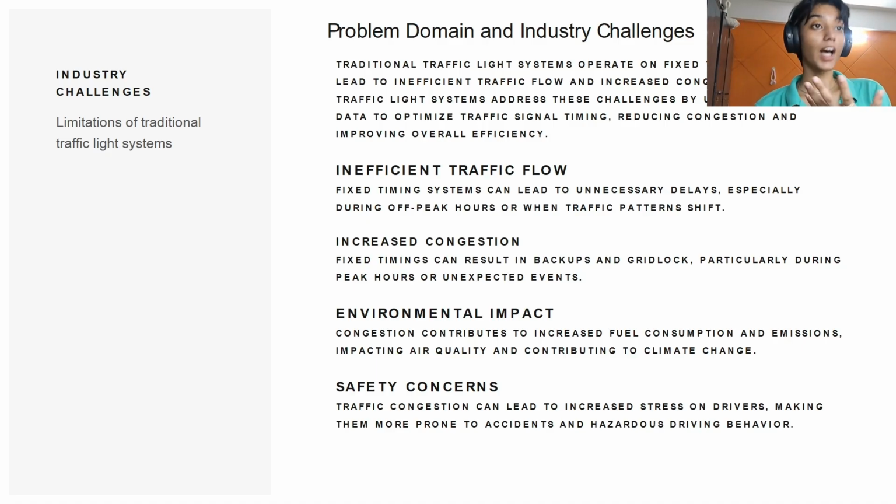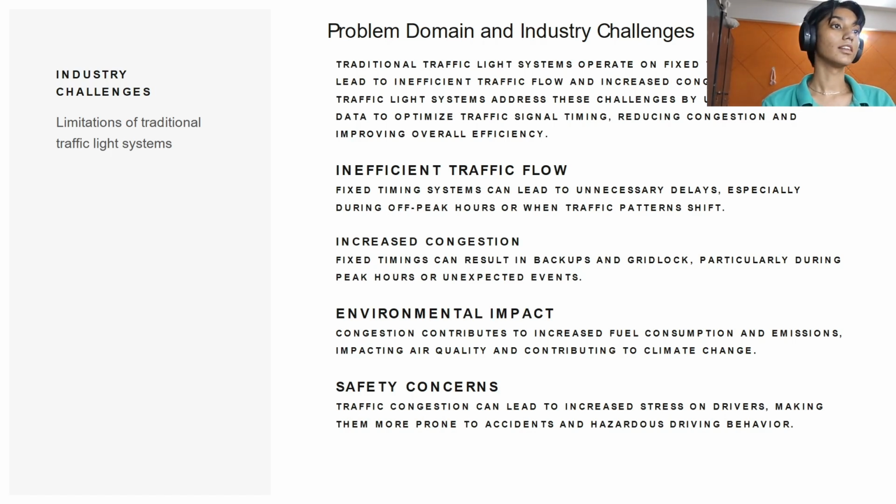Now I already talked about the problem domain and the industrial challenges. I would like to read it. The traditional traffic light system operates on fixed timing, as we talked about earlier, which can lead to insufficient traffic flow, as there is an entire lane filled with vehicles and the other one has nothing, but the lane with no vehicle present still has the green light and the other lane has the red light, which is a bit chaotic for someone who urgently needs to be at a particular place.